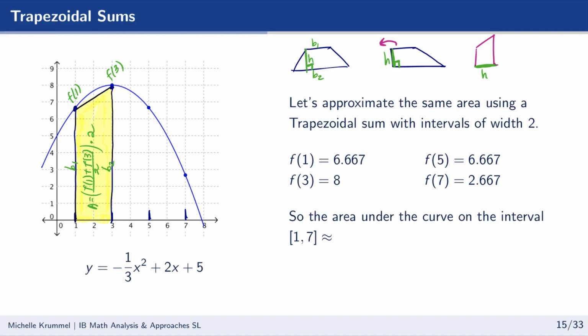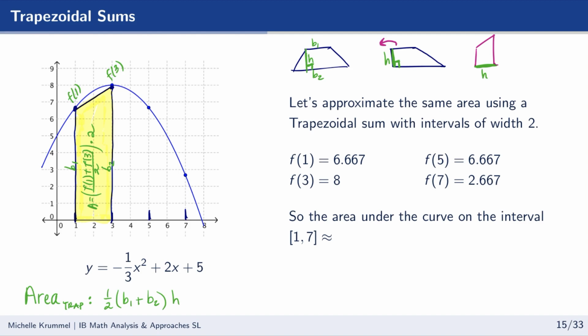Again, let me just write out the formula for the area of a trapezoid. It's the average base. So you can either say B1 plus B2 divided by 2, or you could say 1/2 times B1 plus B2 times the height. Average base times the height.